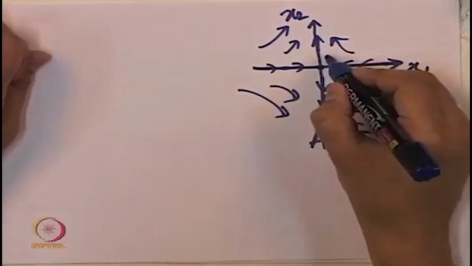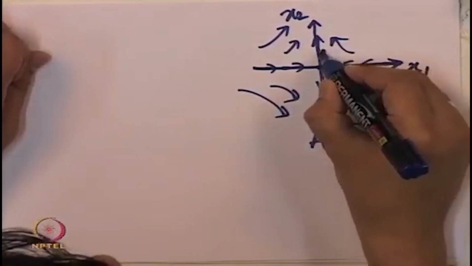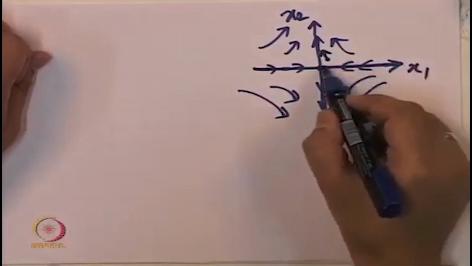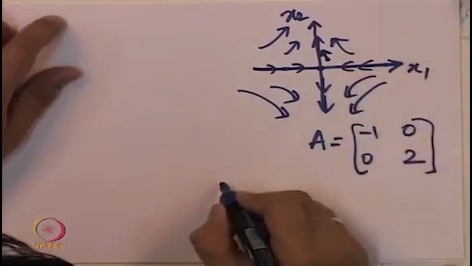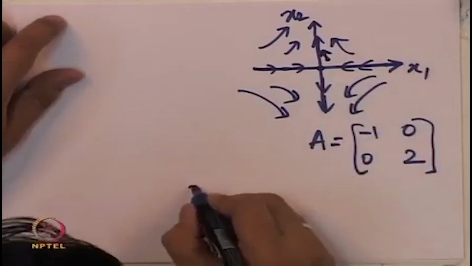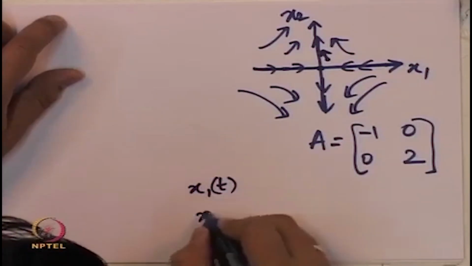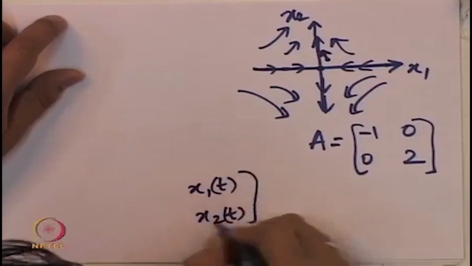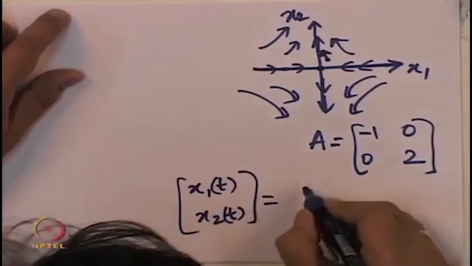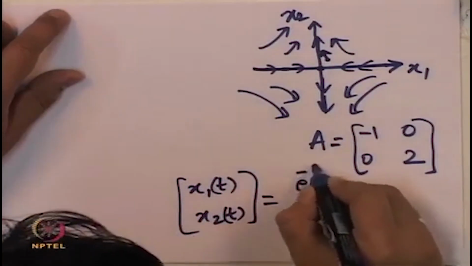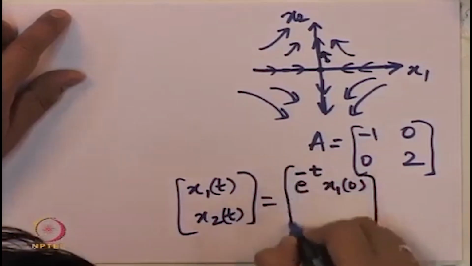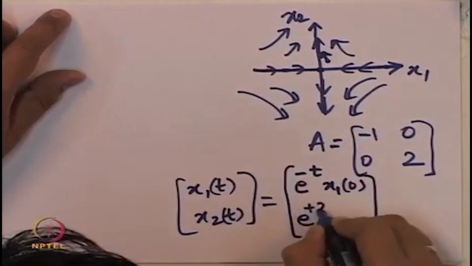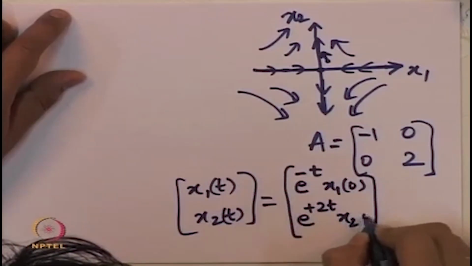At any point where the x2 component is non-zero, while the x1 component is still decreasing, the x2 component is going to blow up. Why? Because the solution to this differential equation, [x1(t); x2(t)], because it is diagonal, can be easily written as e to the power minus t times x1(0), and e to the power plus 2t times x2(0).